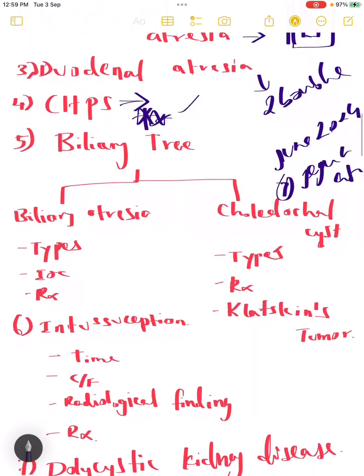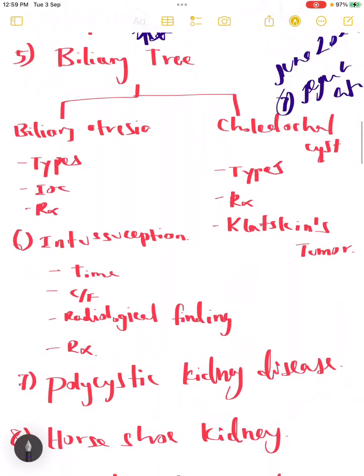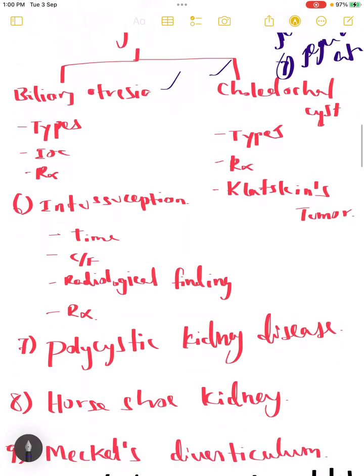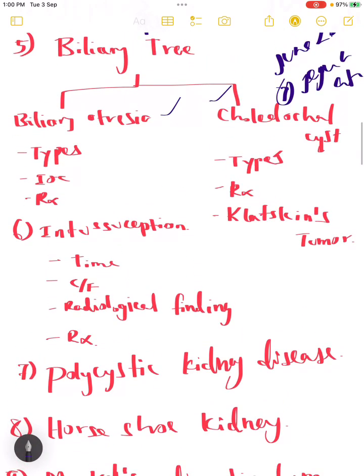Then the biliary tree. If we see the biliary tree, there will be biliary atresia and choledochal cyst. These are two different topics, but I put them together for easy understanding.